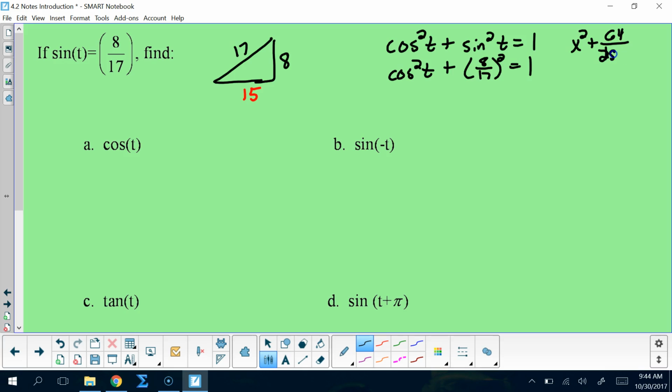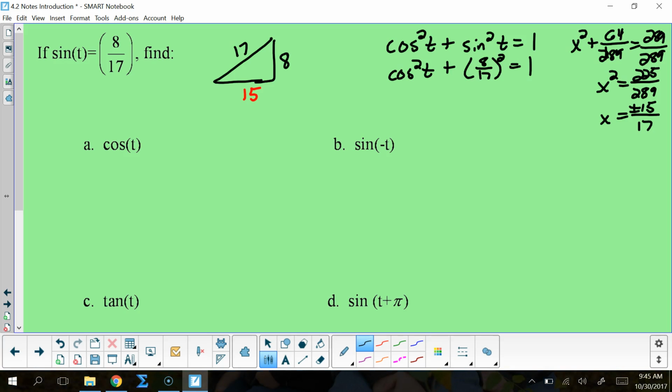So then x squared here is going to be 225 over 289, or x, which is your cosine, is plus or minus 15 over 17. Because when you take the square root and you're solving, you gotta bring in that plus or minus.